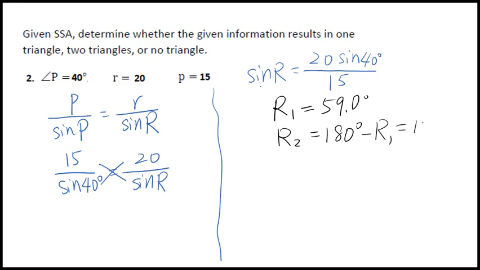That is 121 degrees. You need to check whether this R2 is real or fake. So I just put the question mark first. We need to check R2 equals 121 degrees.